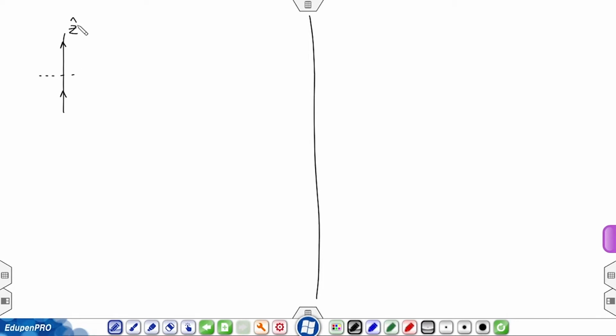Since I need the current density, I am going to write the current density J r t as 0 for t less than or equal to 0, and it is equal to I naught delta x delta y in the z direction for t greater than 0.